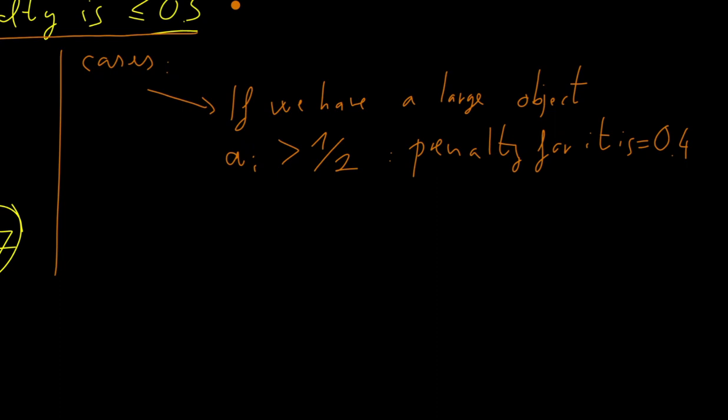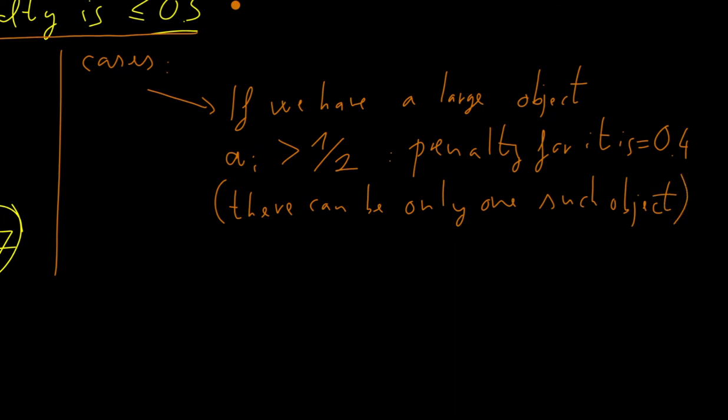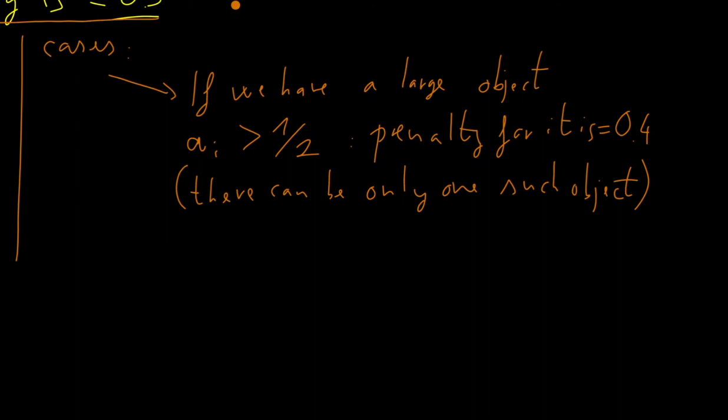Now, of course, there can be only one such object in a bin, since you cannot pack 2 guys having a size more than 1/2 into a single bin of unit size.